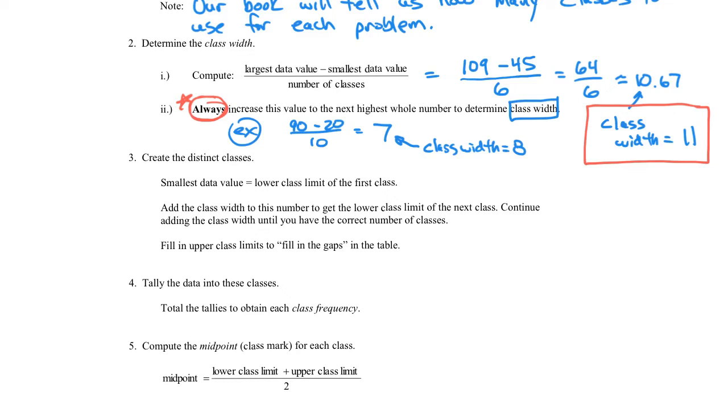So just so there's no confusion, I'm just going to get rid of this. Remember, this is just an example. Okay. So then it says create the distinct classes. It says smallest data value equals the lower class limit of the first class. Okay, now this is going to be a little tricky because normally in class I use 2 whiteboards. So we're going to figure out how to make this work here.